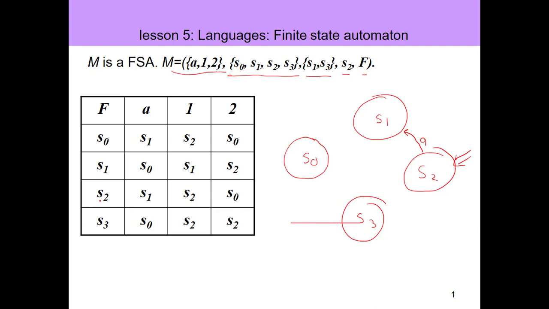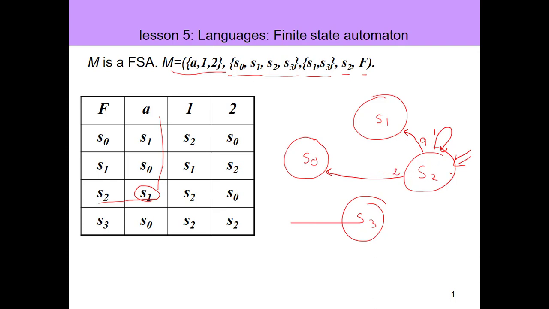Okay, if we get a 1 in S2, we stay. And if we get a 2, we go to S0.